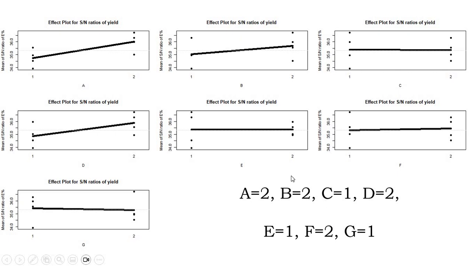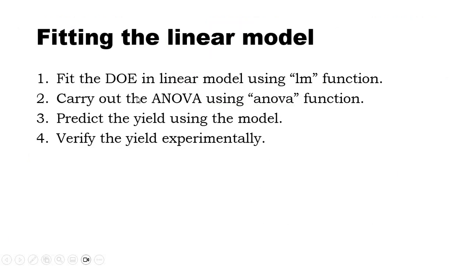Okay, now next we'll have to fit the linear model. To fit the linear model, first of all you will have to fit the design of experiment of the Taguchi that you have made using the LM function of R. I'll show it now. Thereafter you will have to carry out the ANOVA to see which factors are having significant influence.